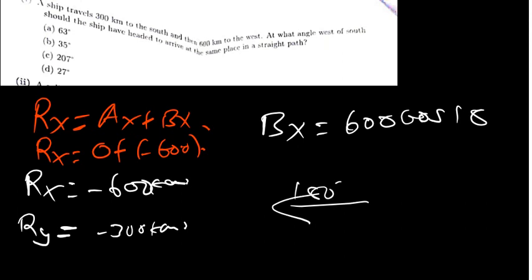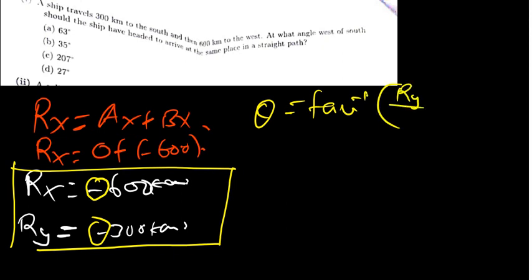The Bx was negative 600. 600 cos 100 is giving me something. No, it's 600 cos 180 because it is going toward west, so the angle is 180 degrees. Oh, thanks. I thought it was 100. No, it's 180.